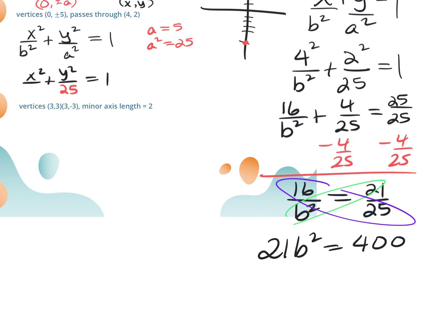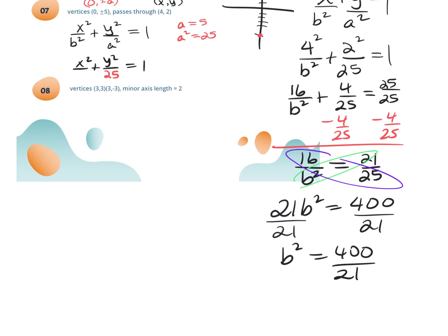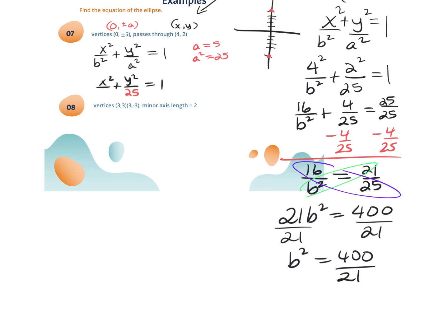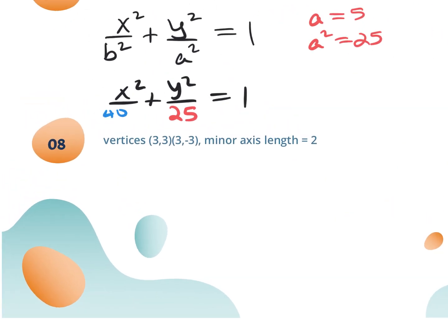Then I'm going to divide both sides by 21. b squared is equal to 400 over 21. I don't need to find the square root here because I'm plugging in b squared. So all I have to do is take what b squared equals, and then I'm going to put it here in the denominator.